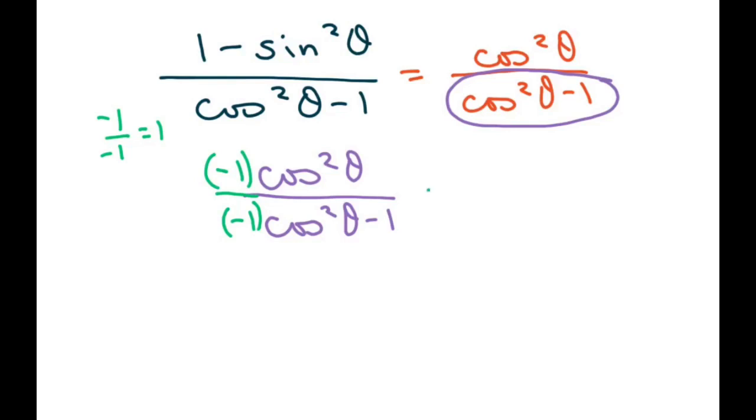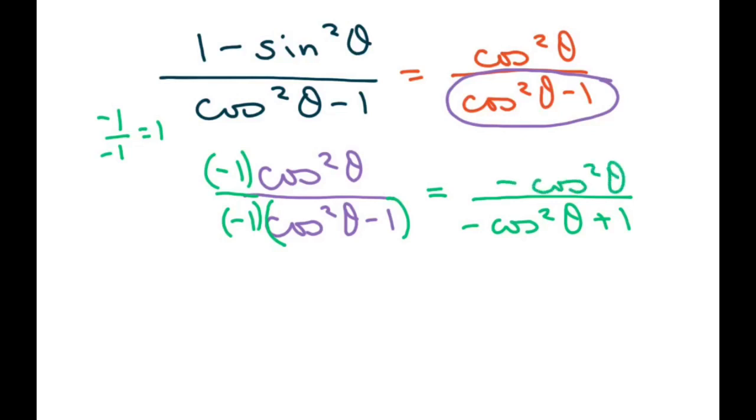to simplify. So if you distribute the -1 here at the bottom, the denominator, you're going to get negative cosine squared of theta plus 1. And the numerator is going to be negative cosine squared of theta. So basically, I can write this as negative cosine squared of theta over 1 minus cosine squared of theta.